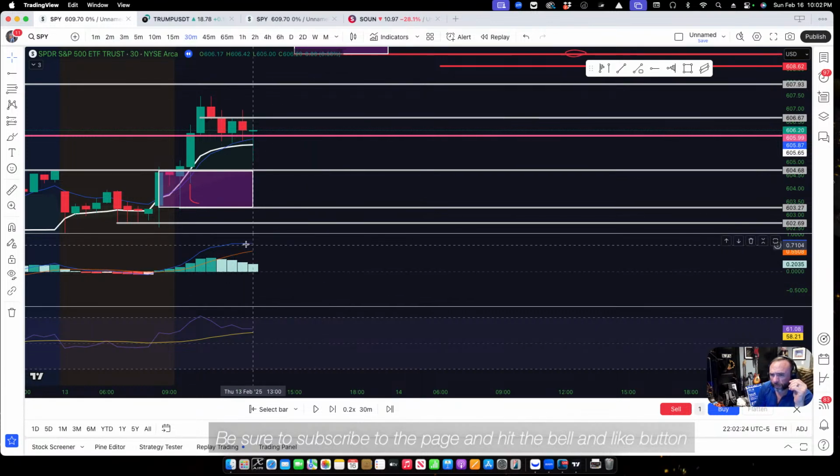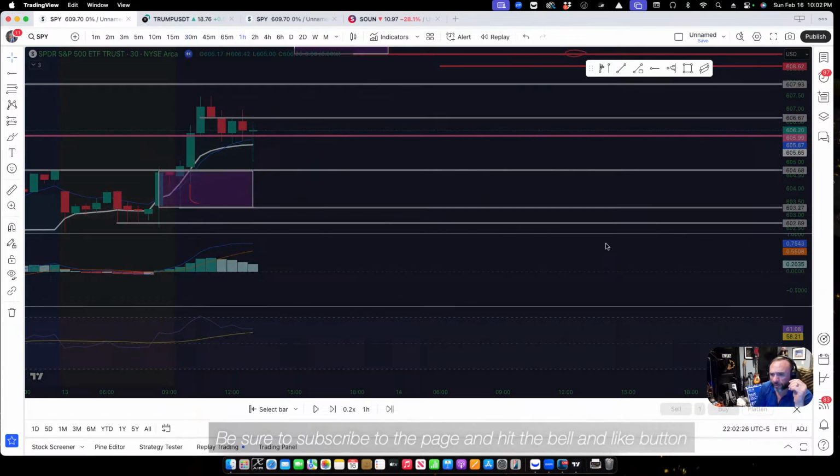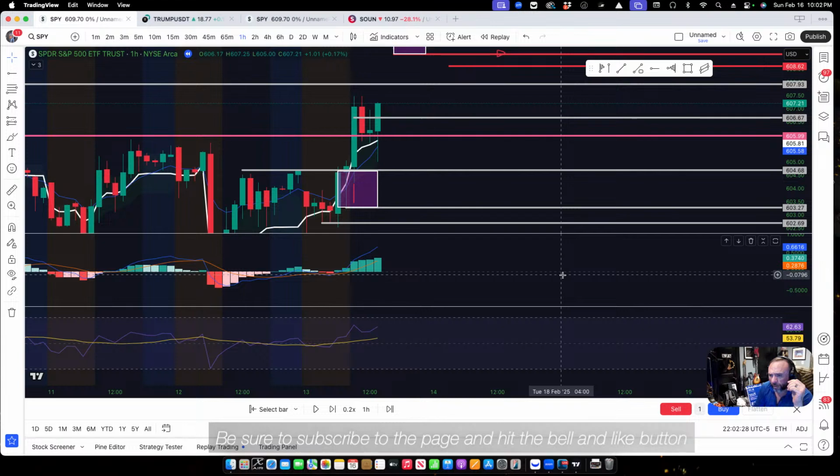We're still up in bullish territory on a large time frame. Here's the 1 hour. Look at the 1 hour, guys. You see this? We're at 63 on the RSI, upward direction.